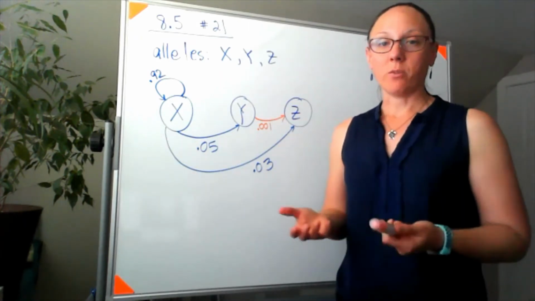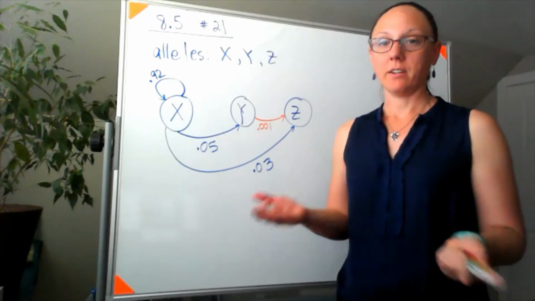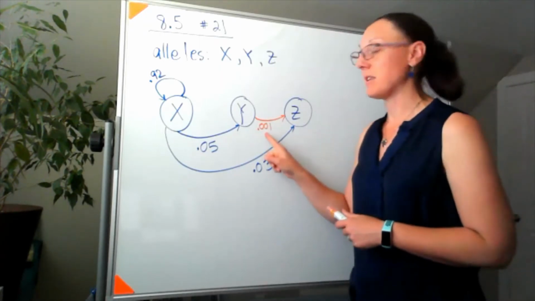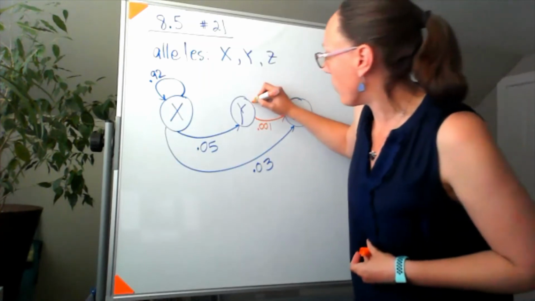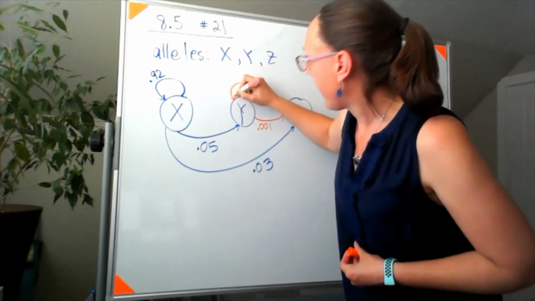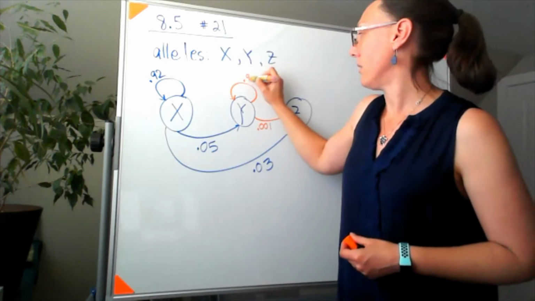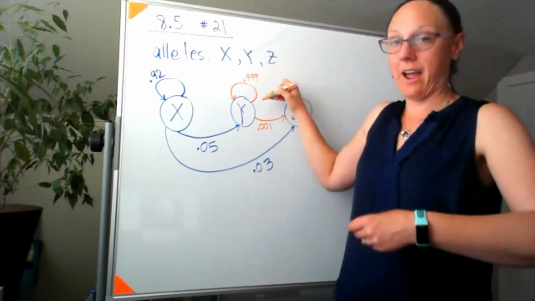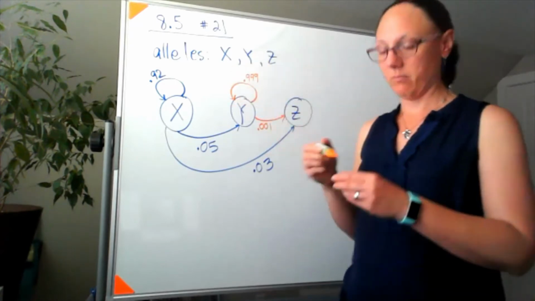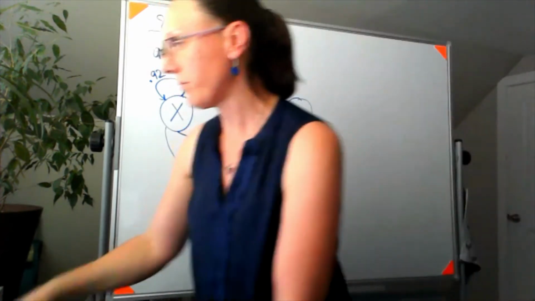Now, if the rest of the individuals remain unchanged, again, that means we've taken care of 0.1% of Y, but the rest of Y, that 0.999, has to feed back into Y.